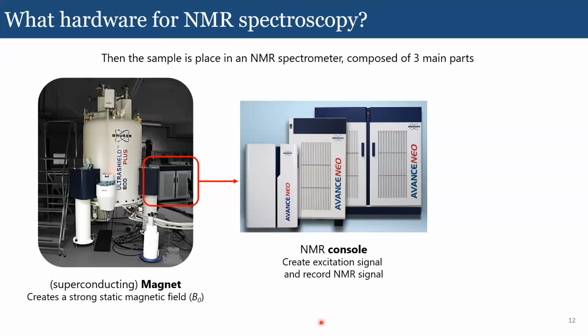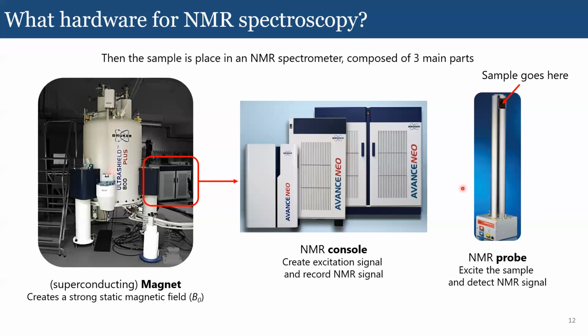What you need to know is that it's usually a large box filled with electronic stuff. That box is responsible for the excitation signal, so to create that signal, and also to record the NMR signal. And the last part of that detection chain is the actual NMR probe.